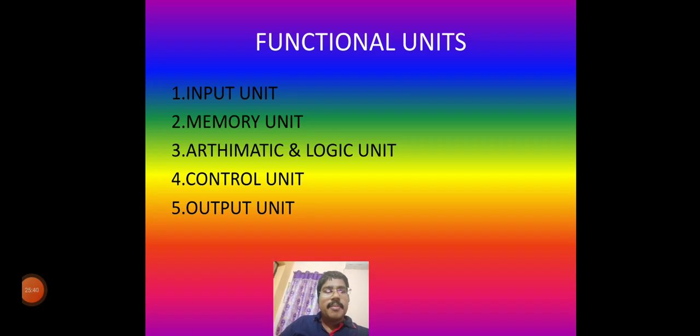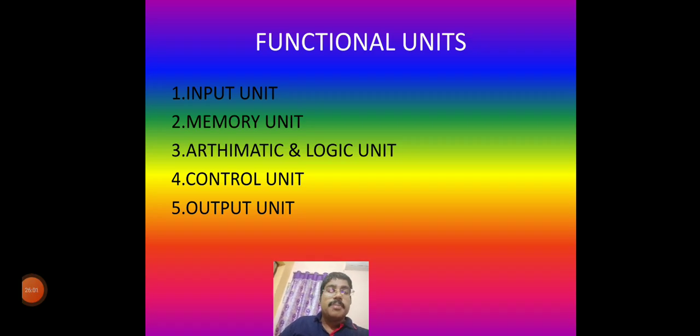Okay. Next, the arithmetical and logical unit. It is used to perform all the arithmetical as well as logical operations. Arithmetical operations include addition, subtraction, multiplication, division. Logical operations means logic gates: AND operation, OR operation, NOT operation, like that.